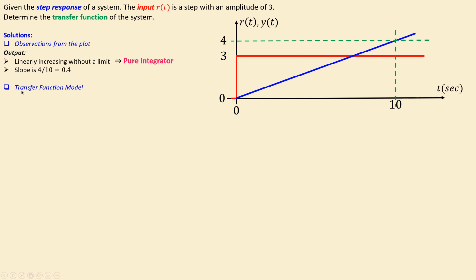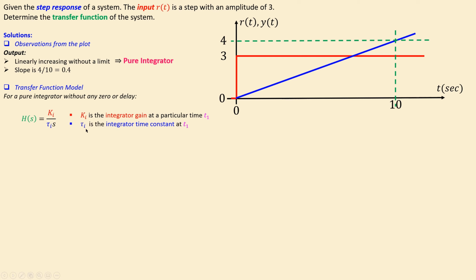So what's the transfer function model for this pure integrator? For a pure integrator, without any zero or any delay, the following transfer function can be used. There are of course different representations of this one. You can see we have two parameters, the Ki and the tau I. Ki is the integrator gain at a particular time, t1, which you need to choose yourself in this plot.